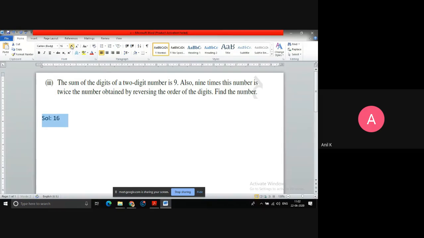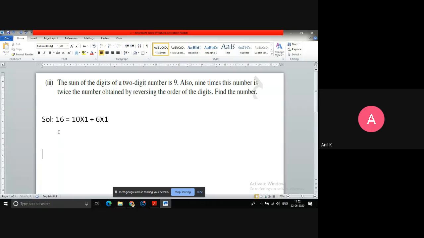You can write this as 1 multiplied by 10 plus 6. Maybe let me put 10 multiplied by 1. Both are the same, but the 1, the tenth place digit, I am multiplying with 10 because it is in the tenth place, and 6 is in the unit place. If you want, you can multiply 6 by 1.